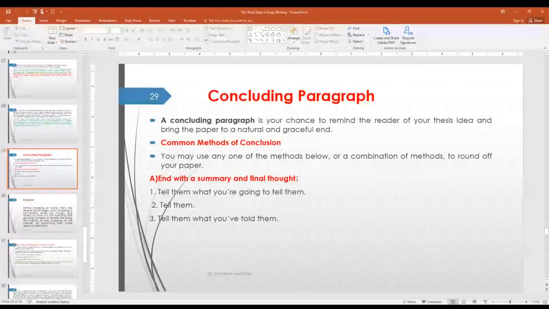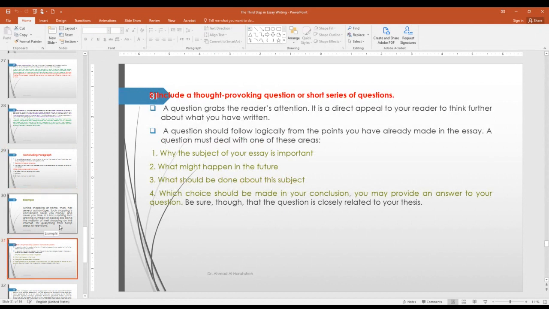There are different or common methods of writing your conclusion. Number one, end with a summary and final thought. And if you remember, we said that you can use one method or combine two methods together. Number two, include a thought-provoking question or a short series of questions in order to provoke your readers' thought, to let them think about this phenomenon.